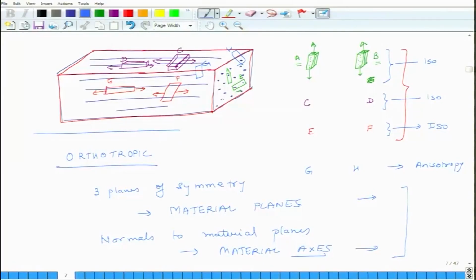So, here we figured out these planes based on the orientation of the fibers. I cannot cut a material plane something like this, okay, or like this. It is oriented to the structure of the material. So, this is about orthotropic materials, and in general orthotropic materials behave anisotropically, but in the context of material planes they behave isotropically.